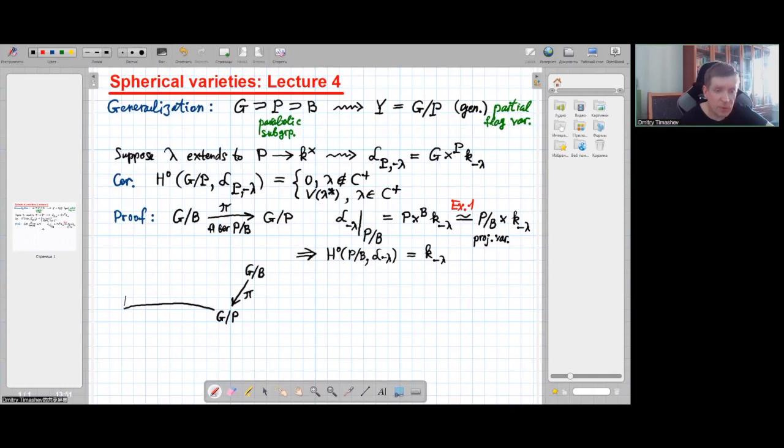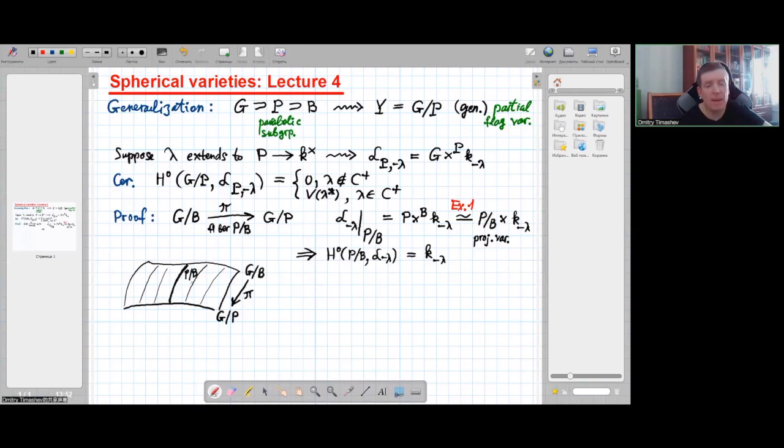So let me draw this G mod B. That is this guy. And these are the fibers. So this is maybe the typical fiber, P mod B. This bold line stands for the typical fiber, P mod B.